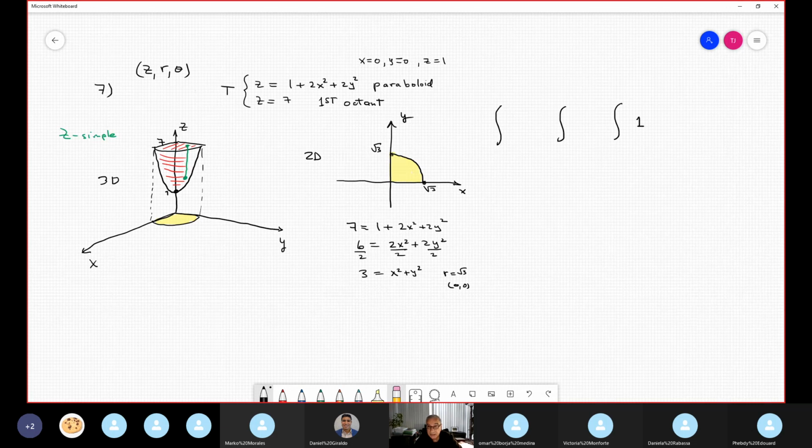The Jacobian is always r, but I forgot the most important. Remember, you have dV. Now, who is dV? dV in cylindrical is dz r dr d theta. The order is not important. So dz first, r dr d theta.